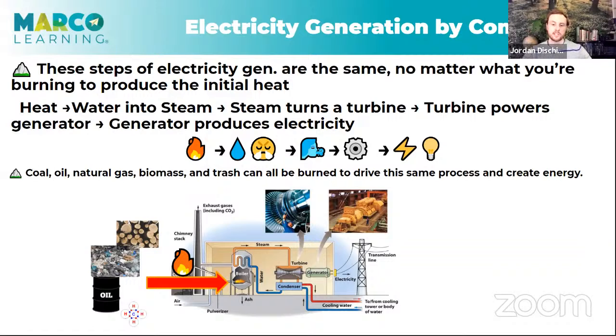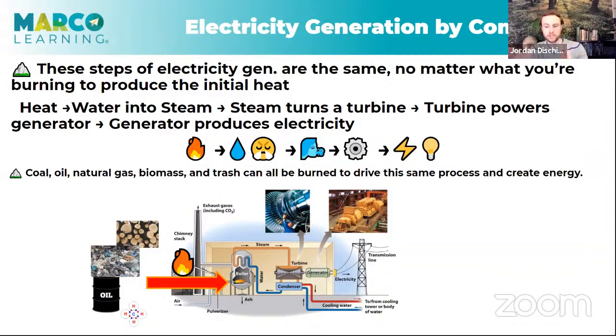It's so critical to understand this, because if you can remember how heating something up, basically how producing heat can create electricity, you now remember how coal, oil, natural gas, biomass, trash, nuclear, and geothermal energy work. You even kind of remember how hydro and wind work.